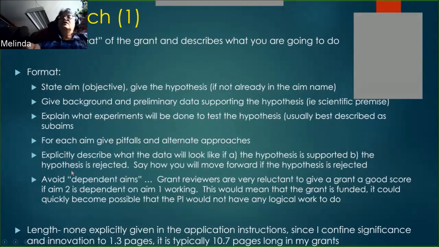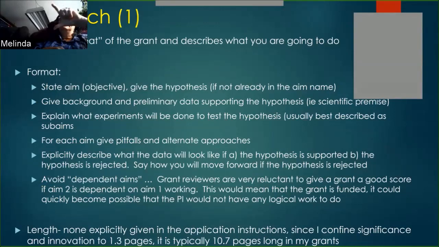Now, one thing is you want to avoid what people call dependent aims. There's this very, very strong tendency, everybody has it, where you might propose 3 aims as 3 different subsets of a project. So maybe aim 1 might be to develop an intervention.